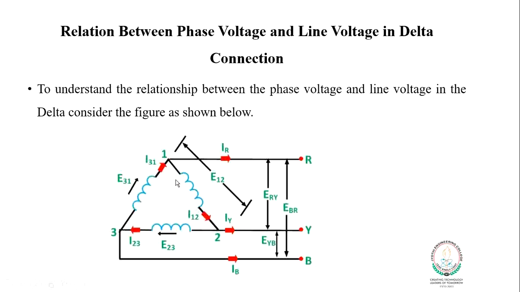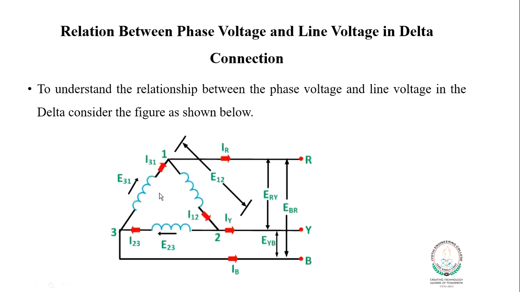Whereas the current flowing through the line conductors is called the line current. Here the line currents are marked as IR, IY and IB. They are called the line currents, and I12, I23 and I31 are called the phase currents.